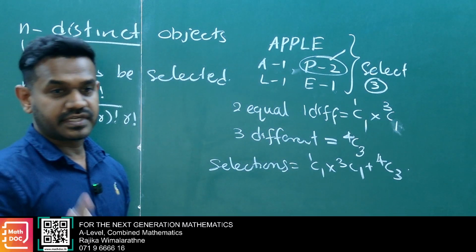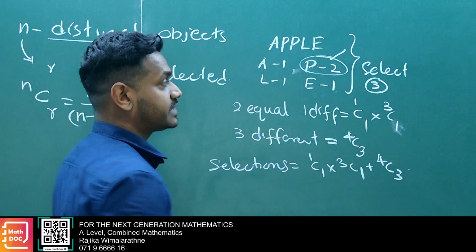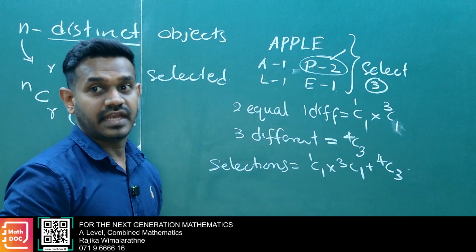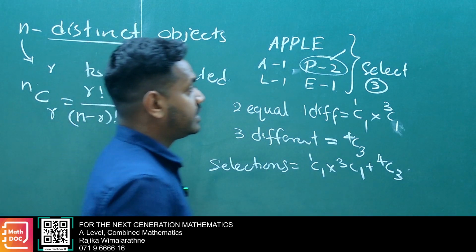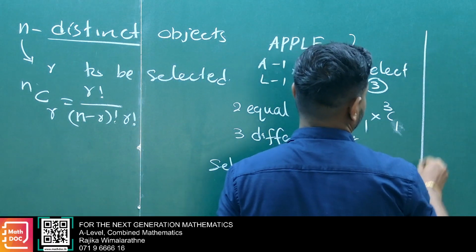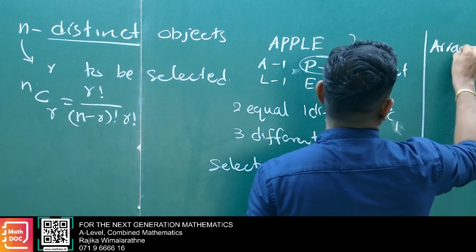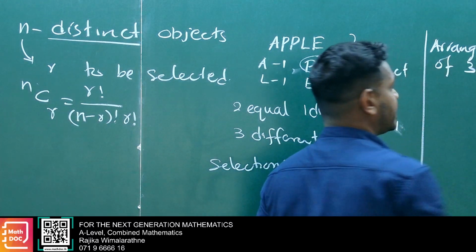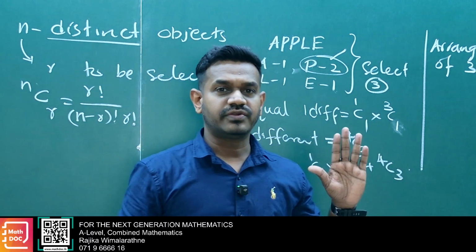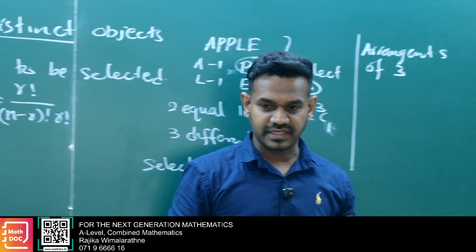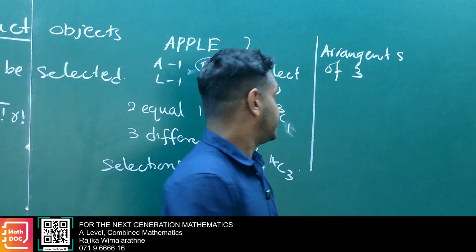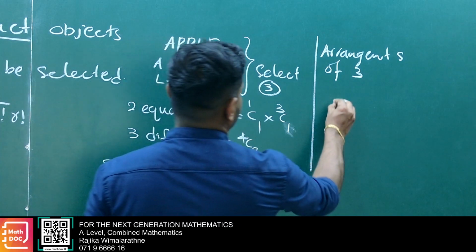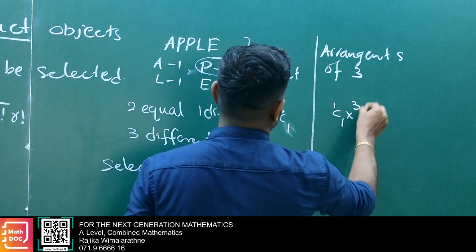Then arrangement of three characters. Here selection, then arrangement. Then further arrangement of 3, further you have to analyze that. Now here we have 1C1, 3C1.